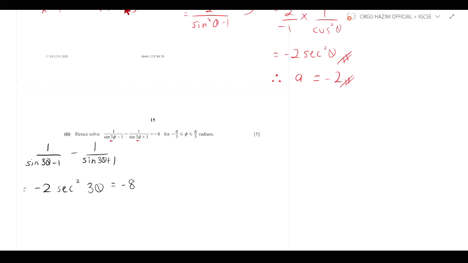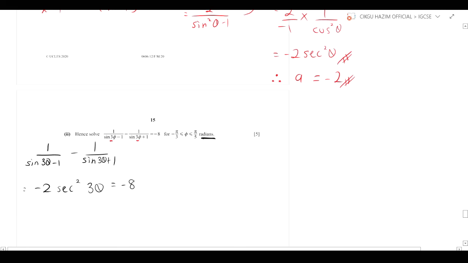After that, they say that this angle here is in radian, and they also say that there is a negative value, negative pi over 3, between negative pi over 3 and less than pi over 3.